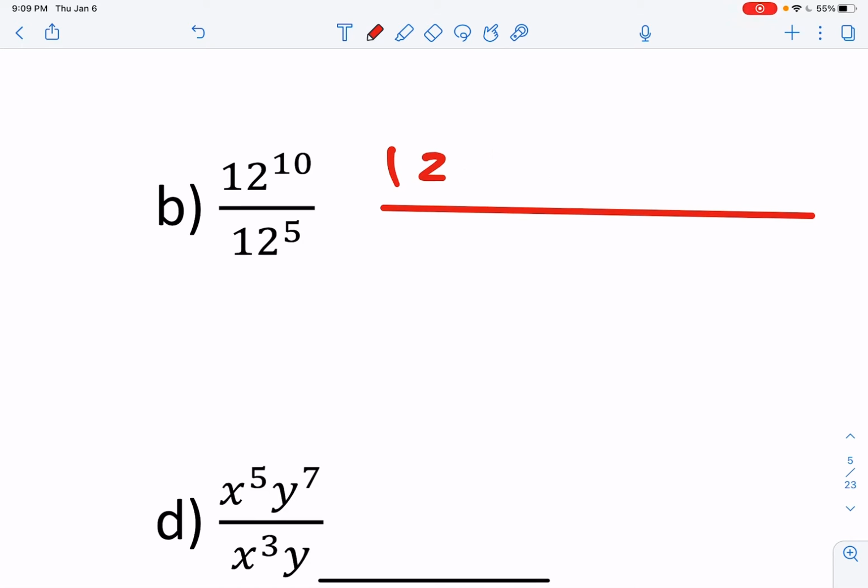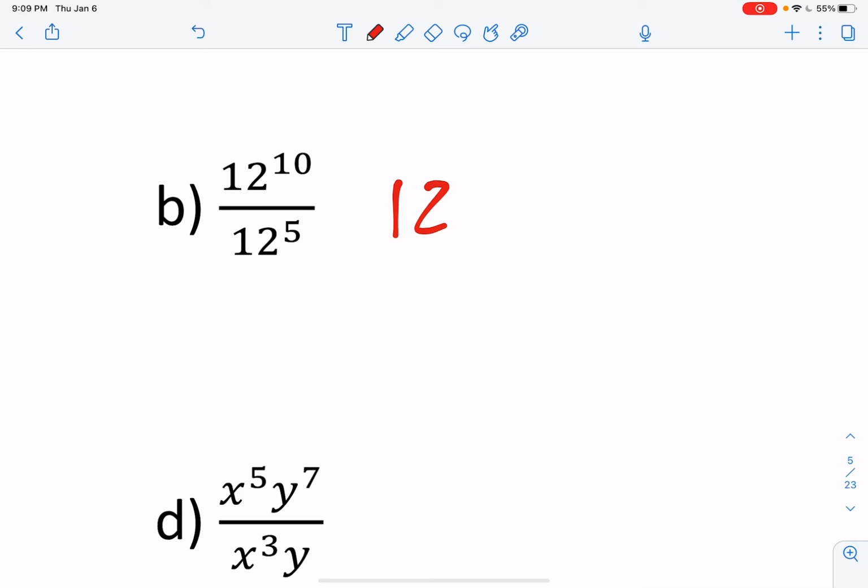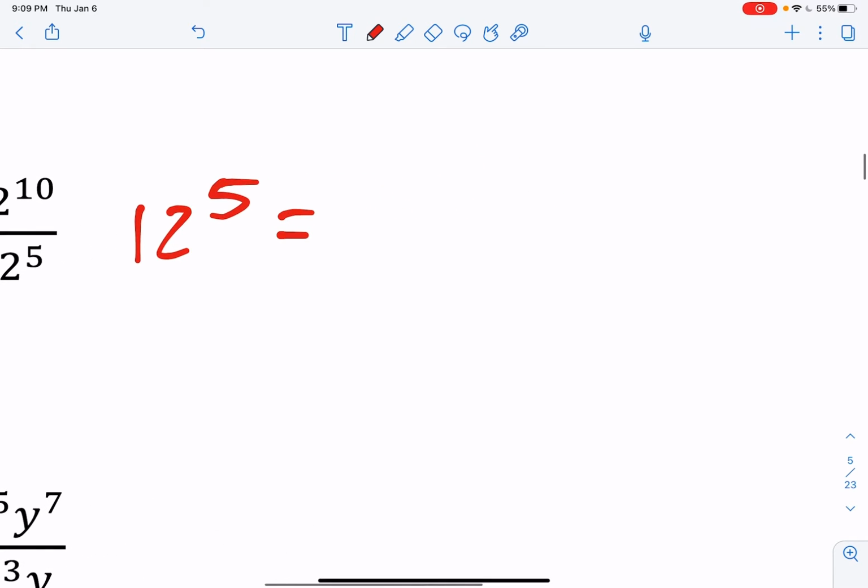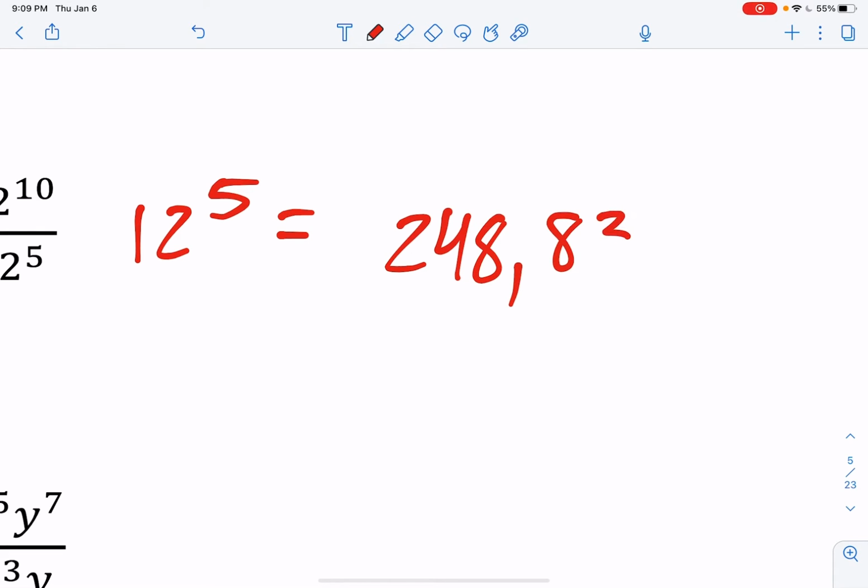I just know that there's going to be 10 of them up top, and there's 5 on the bottom, which means I have a total of 5 left. 12 to the 5th is 248,832.